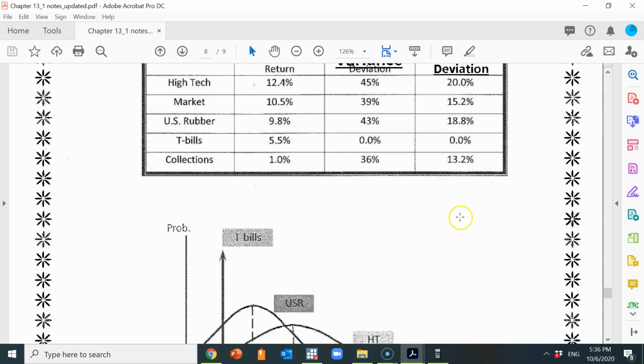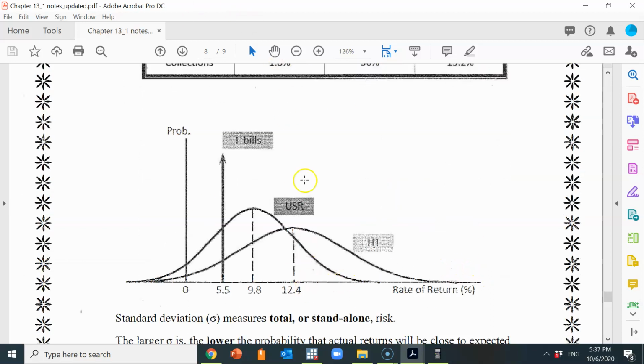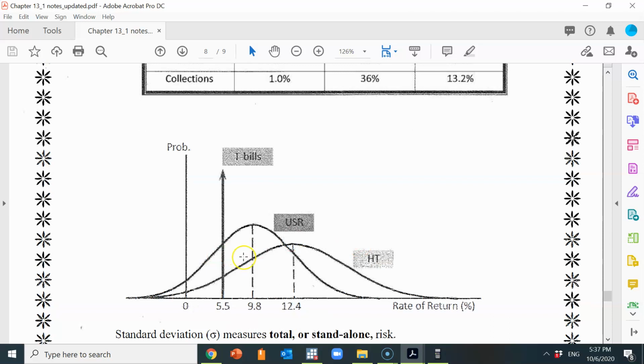Okay, and if we draw these numbers on the real graph, we can see that Treasury bill has the same return, 5.5, in any of the scenarios, so it becomes a vertical line.